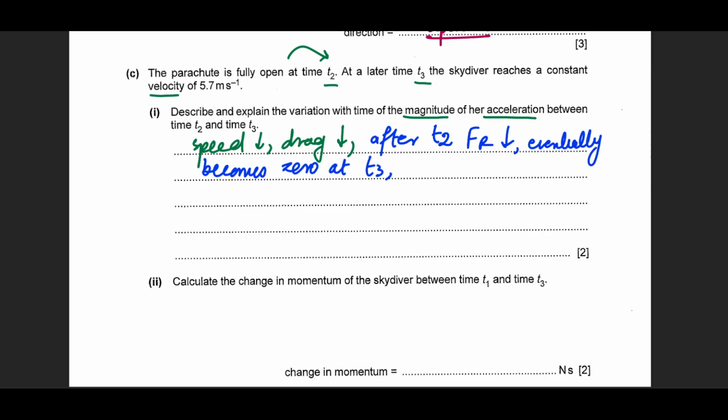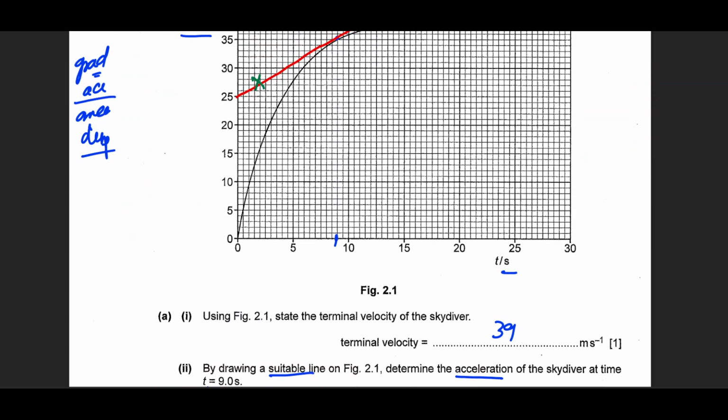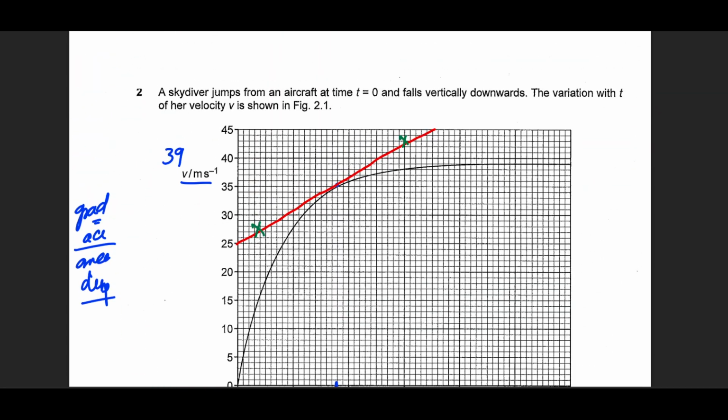When the resultant force becomes 0, the acceleration also equals 0 at that point, right? And between T1 and T2, the acceleration is less than 9.8. And between T2 and T3, the acceleration is again less than 9.8, but greater than 0. After T3, the acceleration is equal to 0. That is how this graph actually represents the terminal velocity situation, right? Okay.